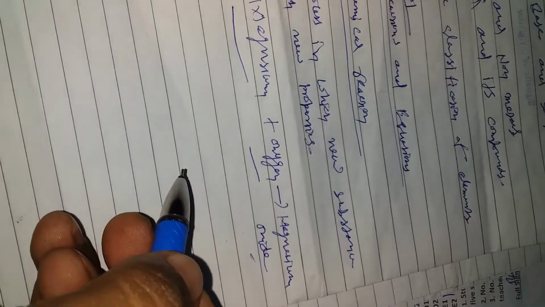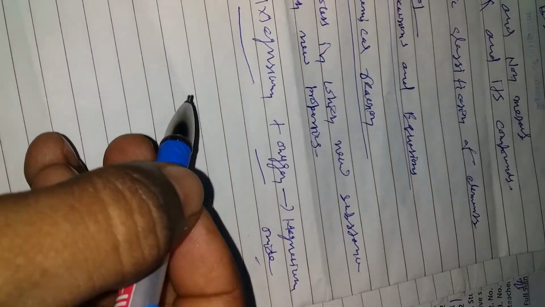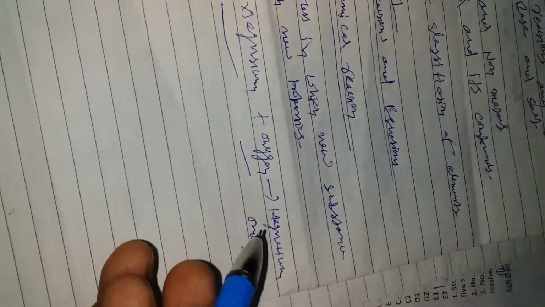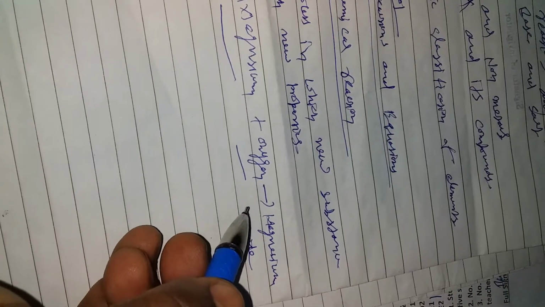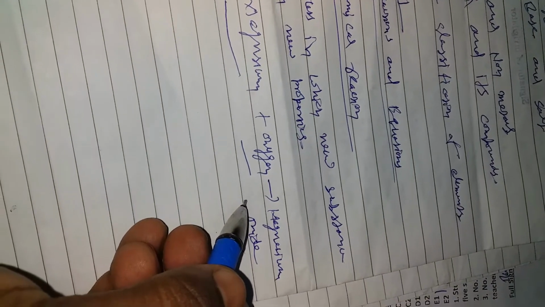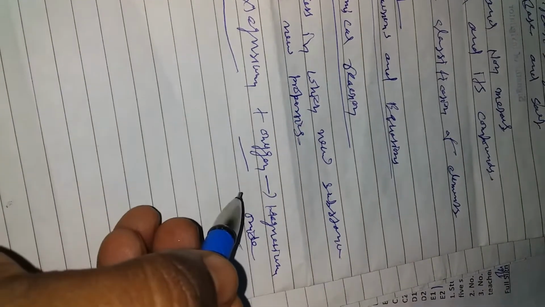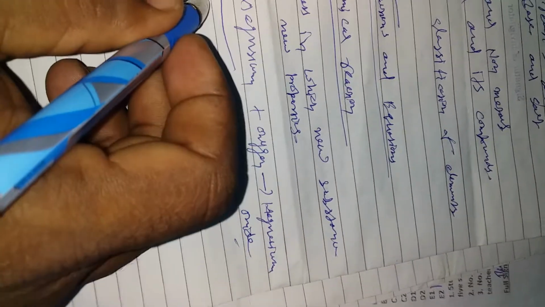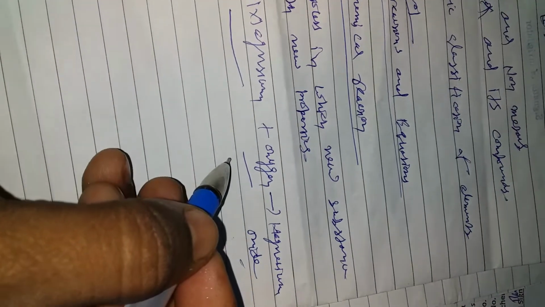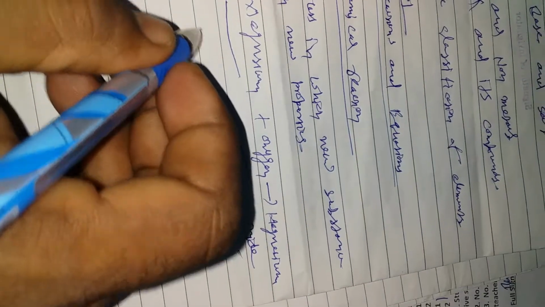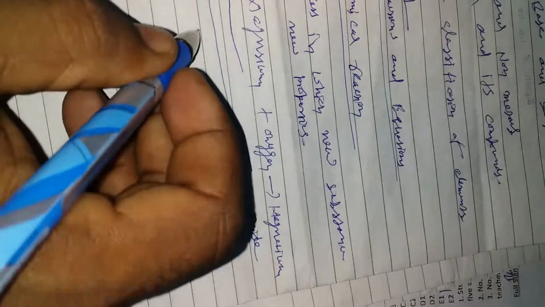In this reaction, we see that the arrow sign indicates that this forms this. Before the arrow, the part of magnesium and oxygen in this chemical reaction is known as reactant.